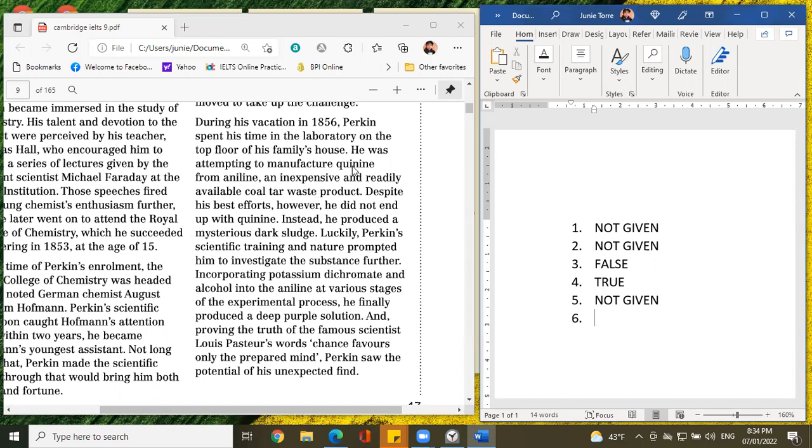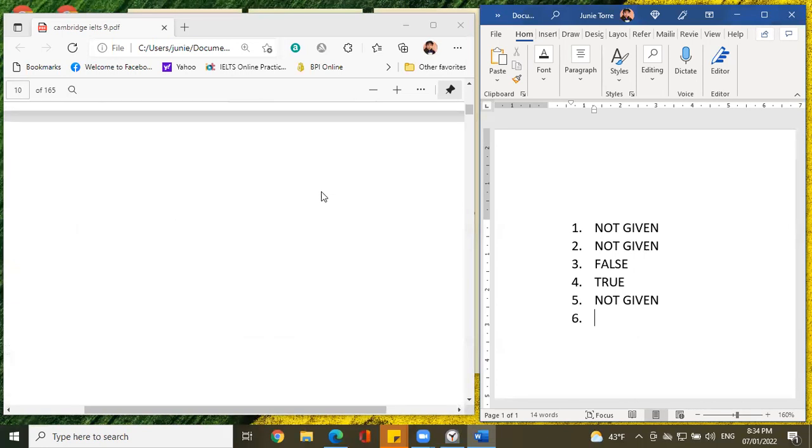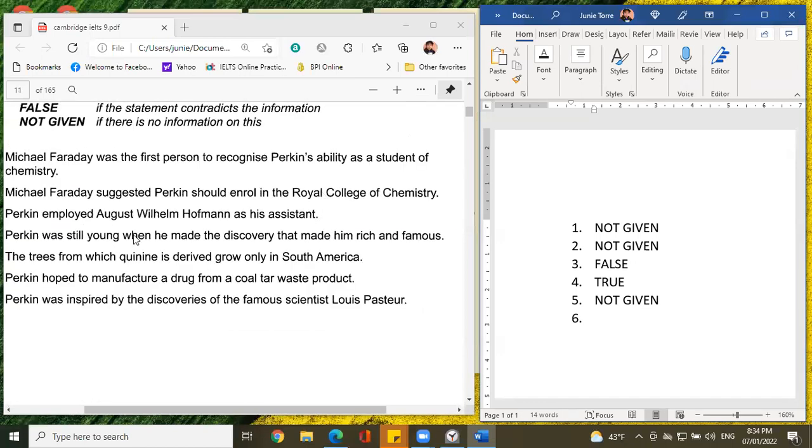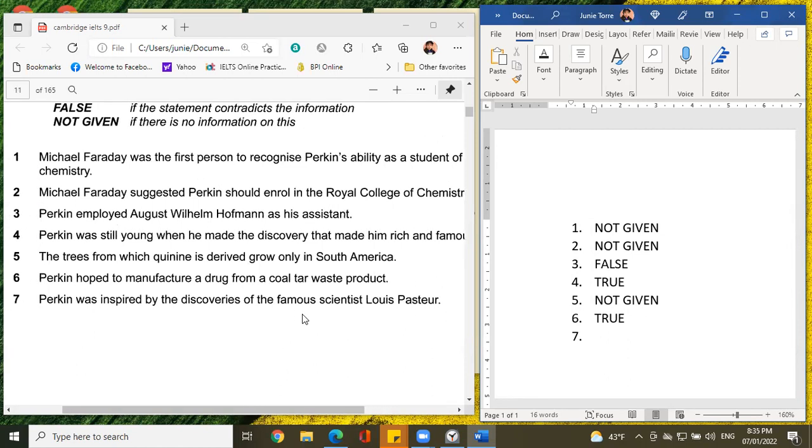So true. Was it a drug? Yeah, it's a drug for malaria. So true. And then, the pattern's making sense, guys. Not given, false, true, not given, true. And then number 7 might be false.